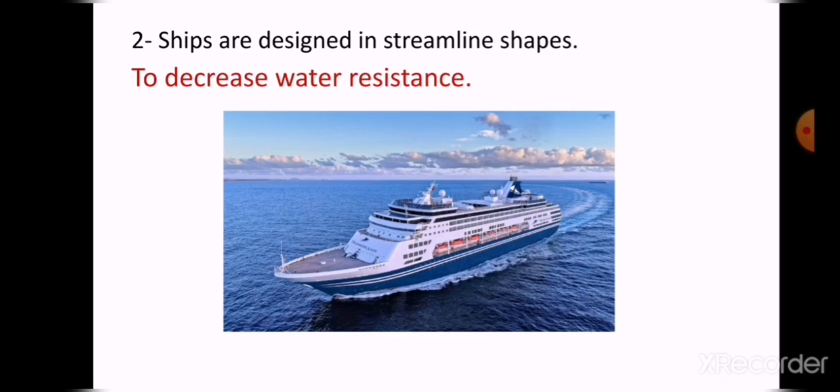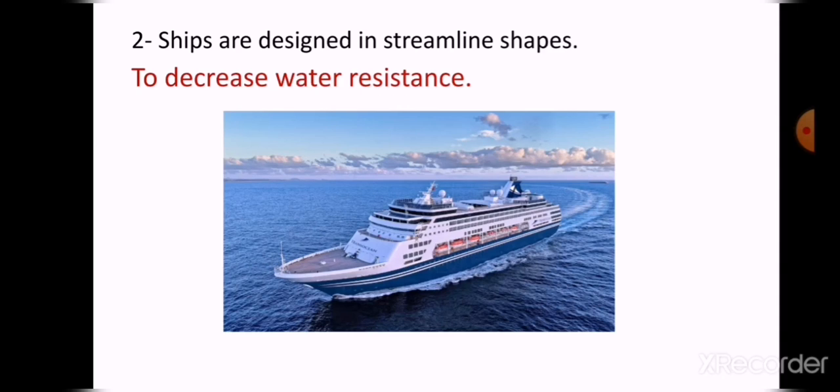Okay? So again, let's recap from the beginning. The factors affecting the friction between solid and air, or the air resistance, are also the factors affecting the water resistance: the speed of the moving body and the surface area, with a direct relation to air resistance and water resistance.